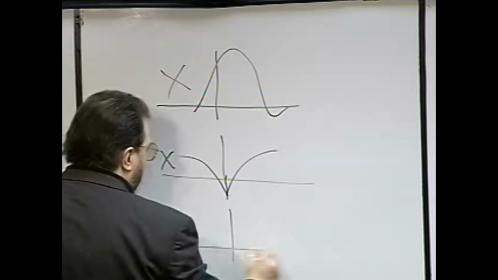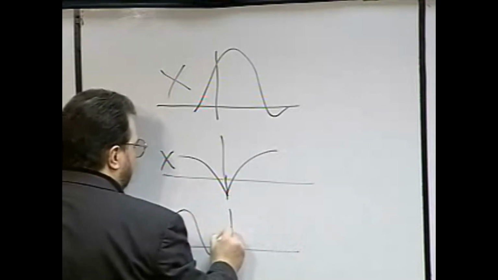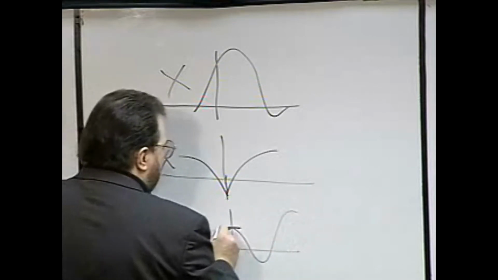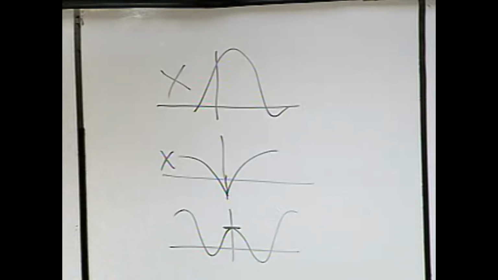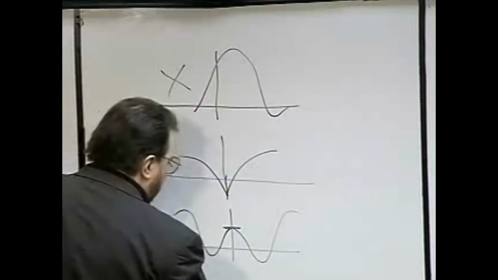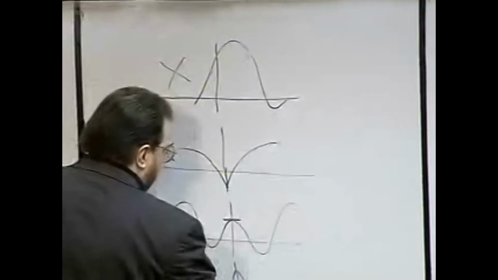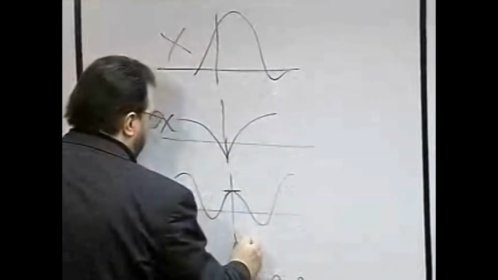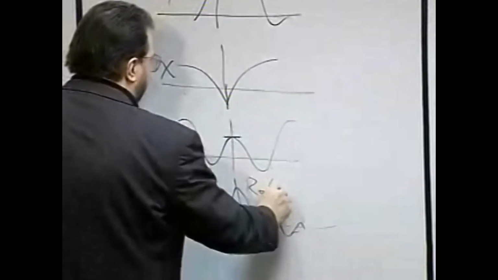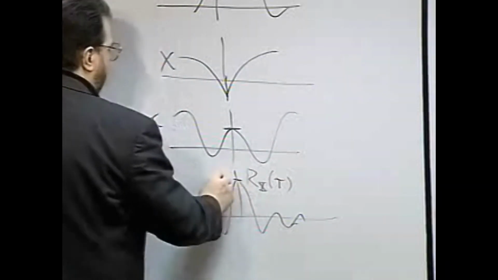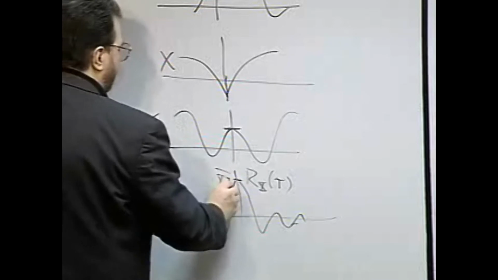We can't have an autocorrelation which looks like this because this value here is not the maximum. The maximum is exceeded elsewhere. We can have an autocorrelation, however, which looks like this. There's nothing that says a correlation can't go negative. So this can be an r sub x of tau with a value at the origin of the second moment.